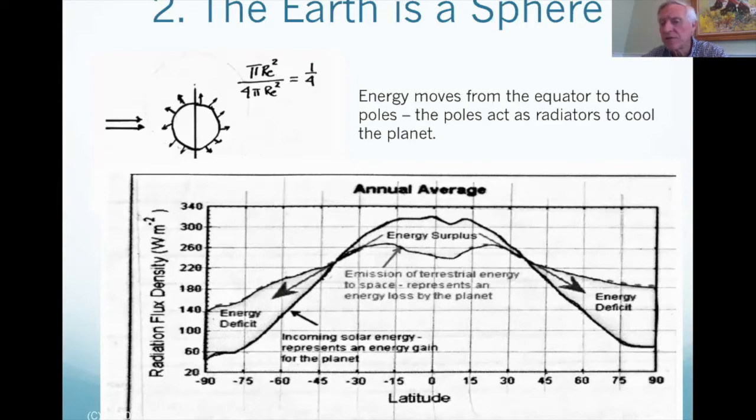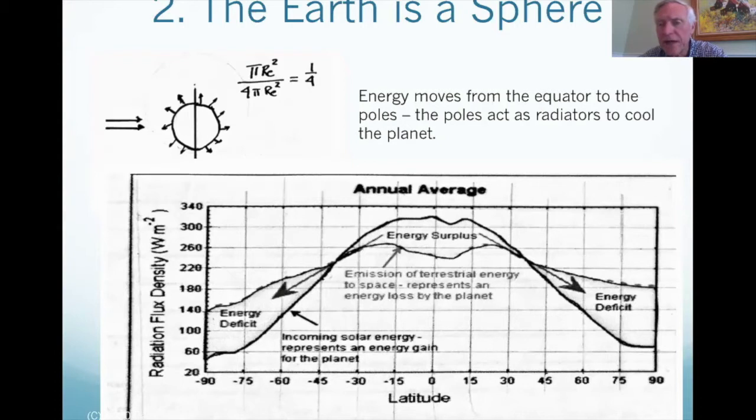To give you a feeling, here in Tallahassee, we're at 30 degrees positive, right? 60 degrees positive would be a place like Oslo, Norway. In Oslo, Norway, if you look at 60 degrees positive, there is less energy coming in than there is going out.